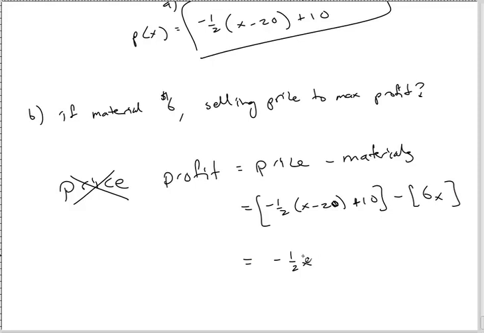Okay, pause. We're really close. Everything's good there, except one small thing with the price. It's the price for each unit. This is the price per unit, and then I'm selling X amount of units.